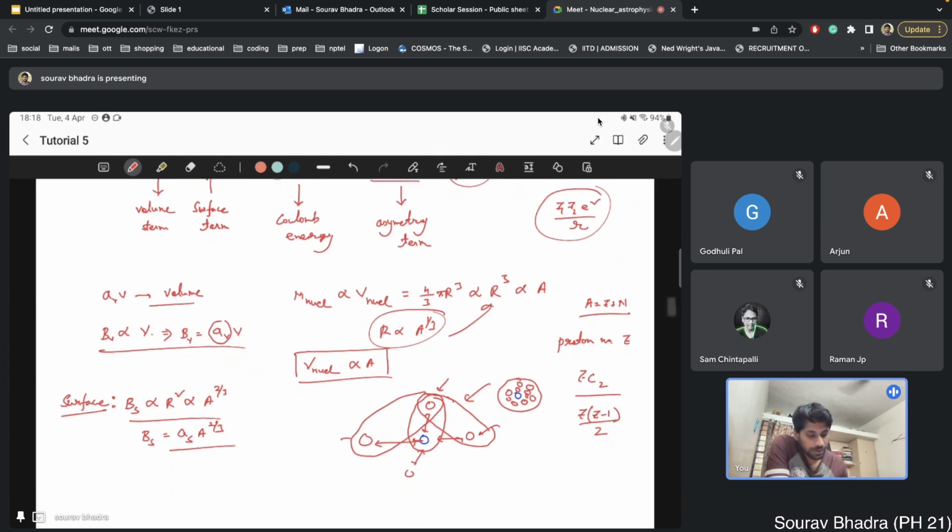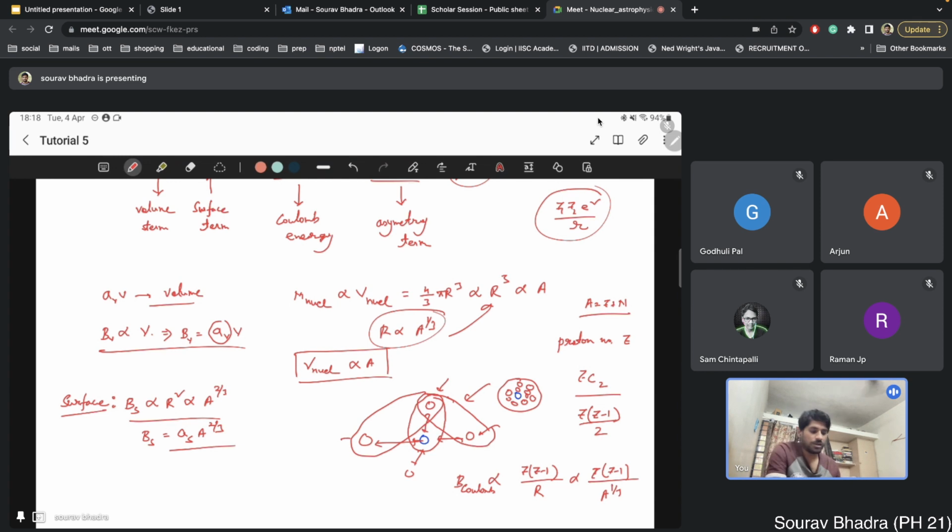Now that's why a factor of radius will come into the picture here also. That's why we write this Coulomb energy term as proportional to Z into Z minus 1, that is the number of combinations, divided by R, that is the radius of the nucleus, and we can write R as A to the power 1 by 3.